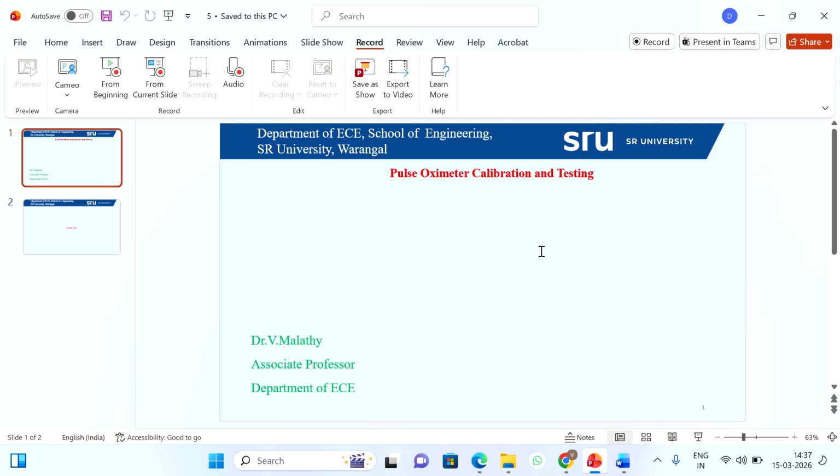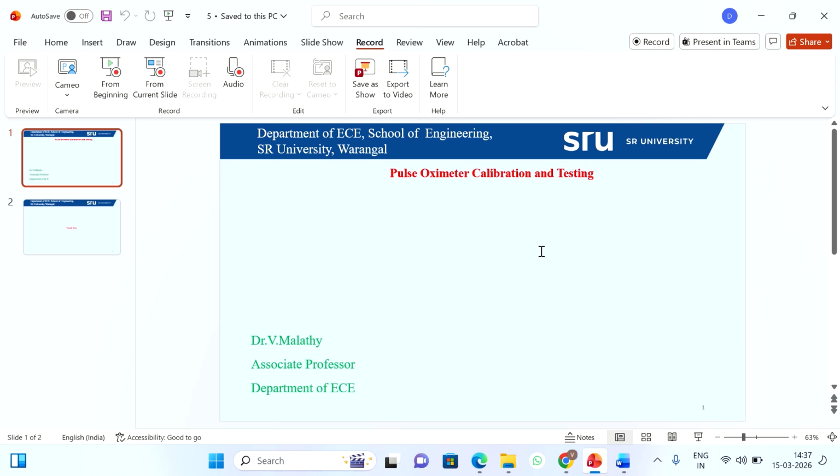Both are graphs of time versus voltage amplitude, and then we will measure in the output the red AC component, red DC component, infrared AC component, infrared DC component, and finally the ratio R is equal to red AC by red DC, whole divided by infrared AC divided by infrared DC.